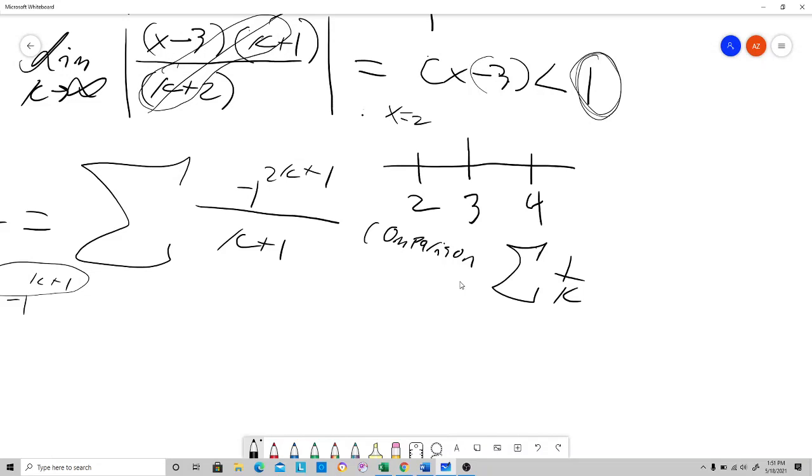If we notice this 1 over k, it's actually just a p-series, where p is equal to 1. When p is equal to 1, it's going to diverge.